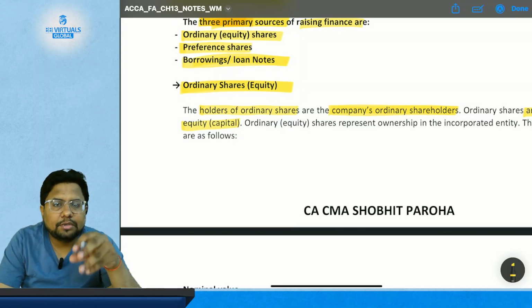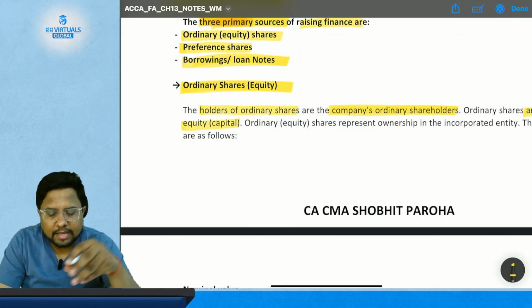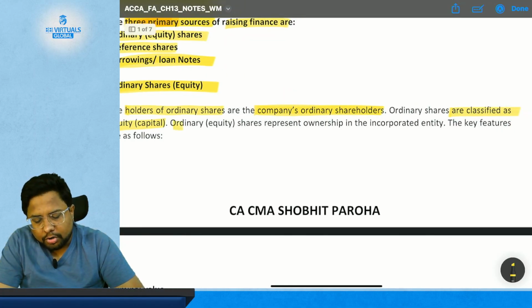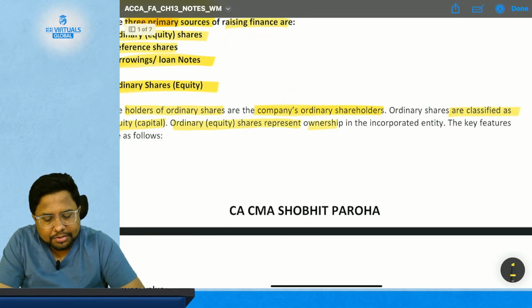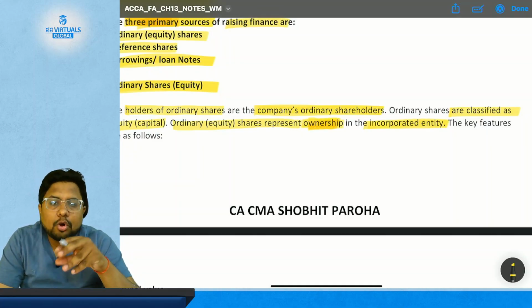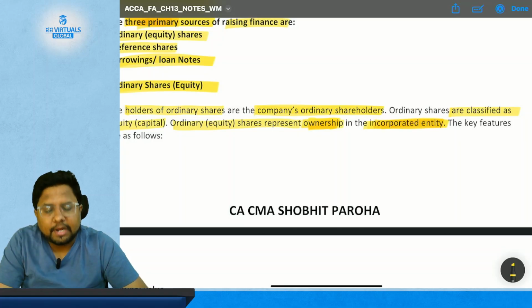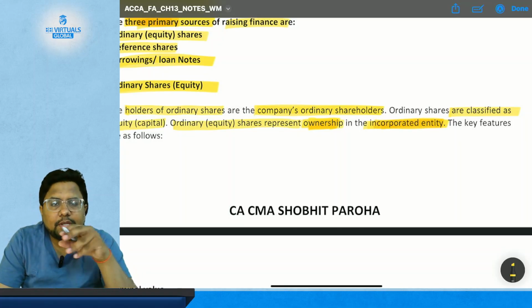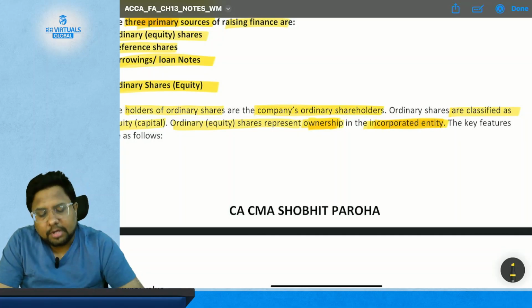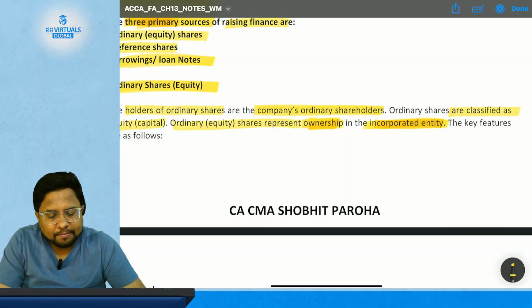These are not loans, not liabilities, not assets. Ordinary equity shares represent ownership in the incorporated entity, so they are the real owners of the company.